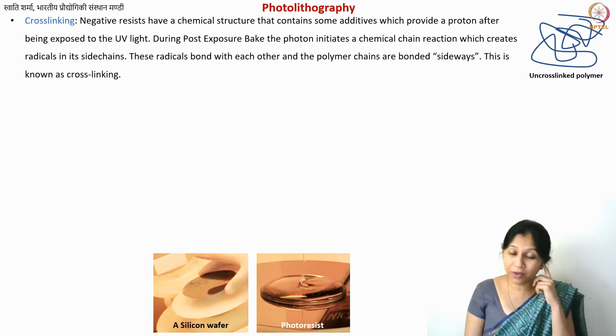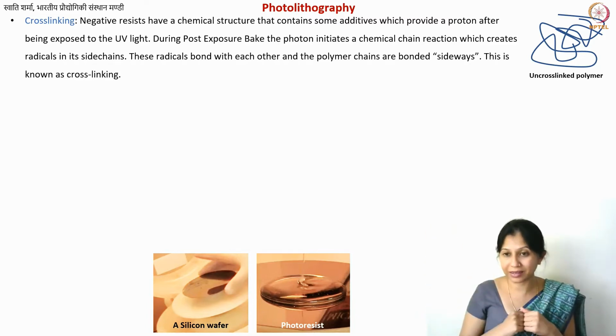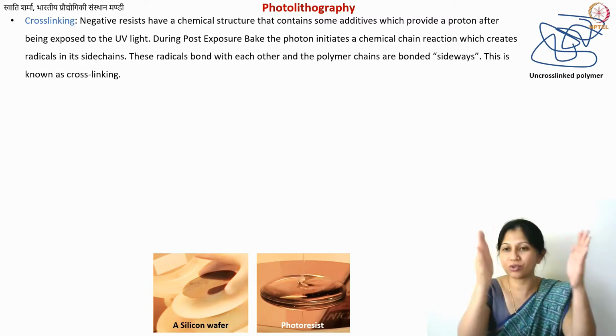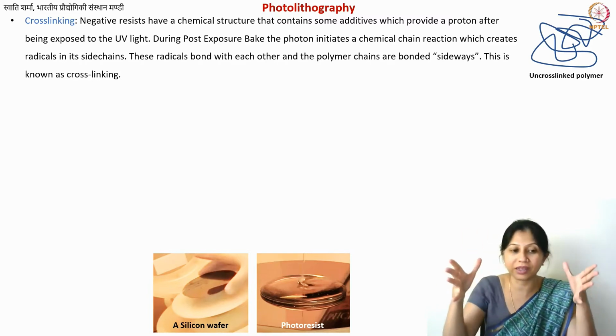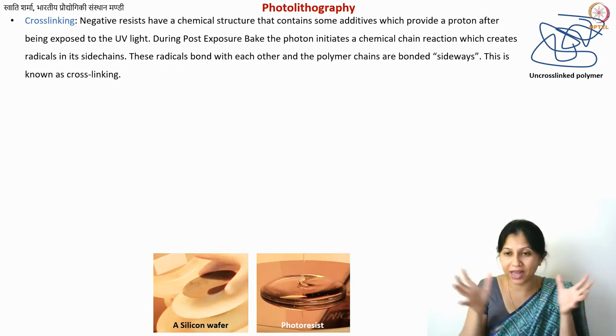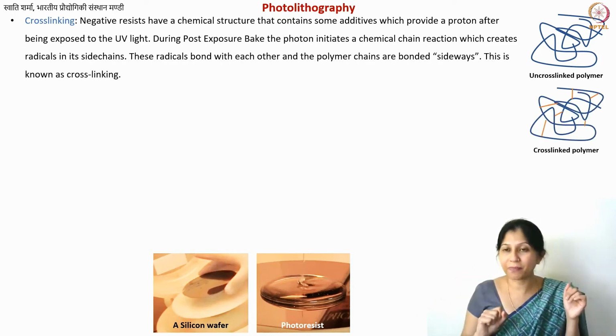Now it will form a bond with its neighboring radical. That is how these chains will start to connect sideways, and your overall material will mostly get solidified, because it now has side chains that are linked. So in this image you can see that you have the same kind of polymer molecule, but now the side chains are also linked to each other.